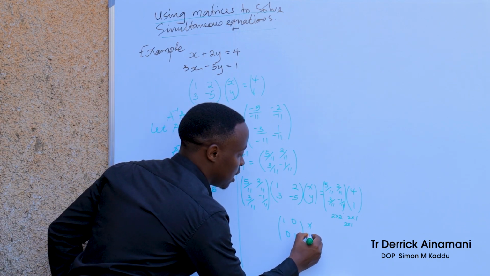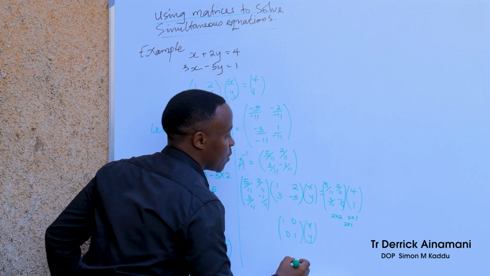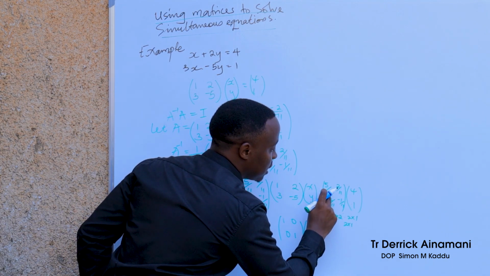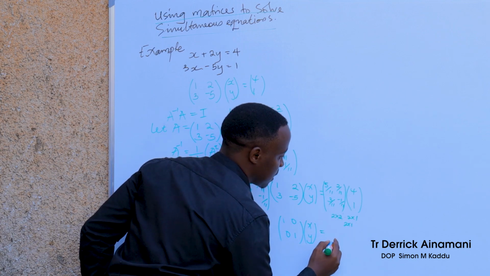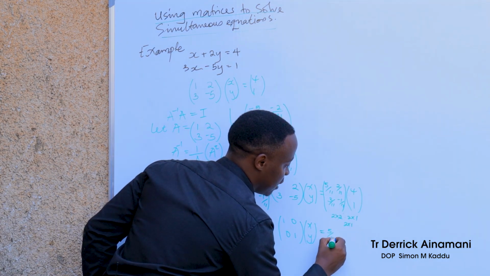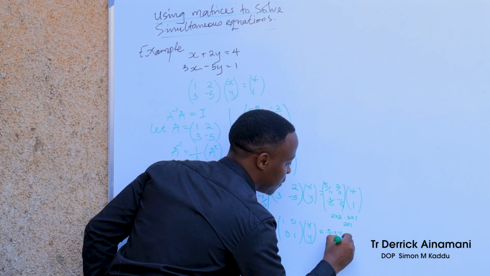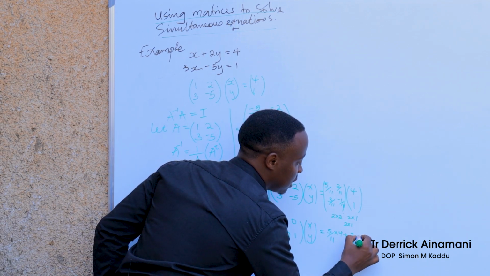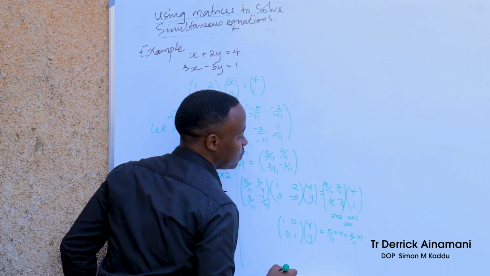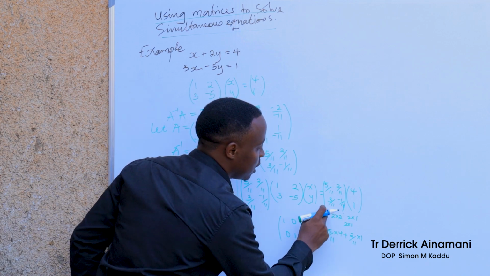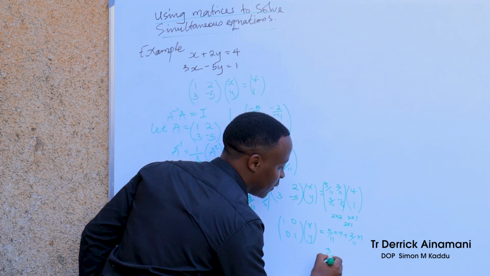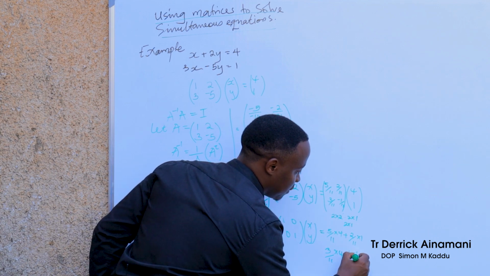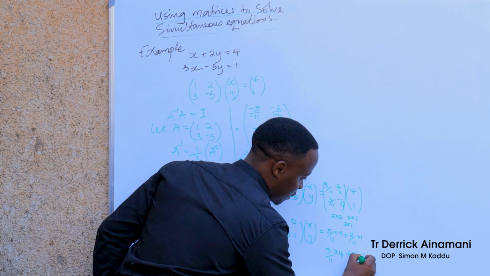So x and y would be equal to, we now work out this one. So I have this times this plus this times this: 5 over 11 times 4 plus 2 over 11 times 1. We are expecting to get a 2 by 1. This would be 3 over 11 times 4 plus negative 1 over 11 times 1.